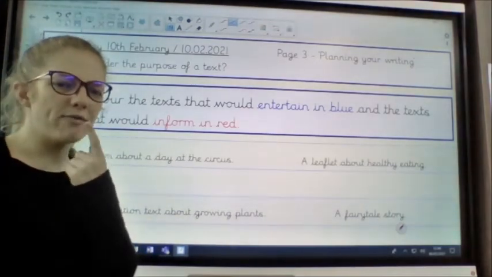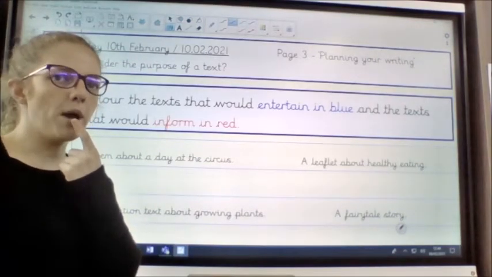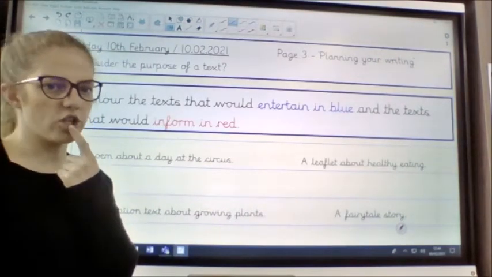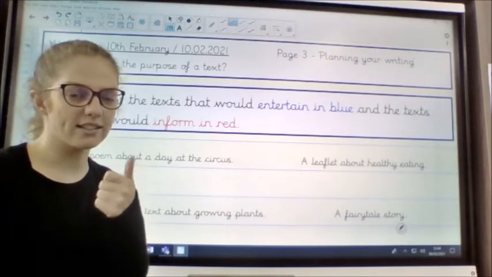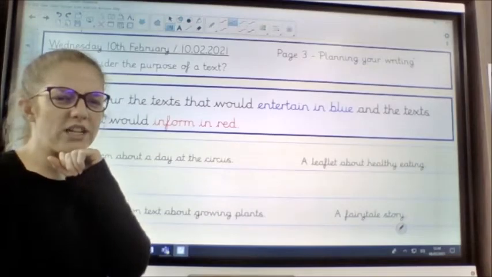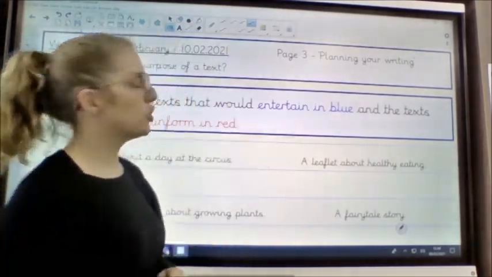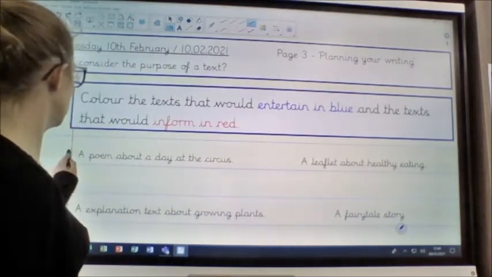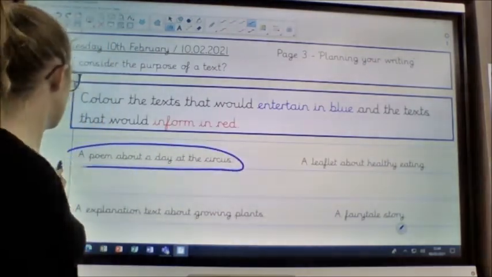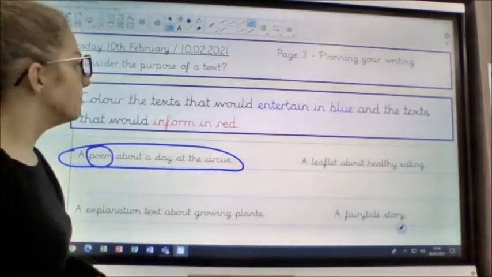Would that be to inform somebody or to entertain them? Now, is a poem a non-fiction piece of writing? Yes. Does it give me any new information that I don't already know, though? No. It's written to entertain because it's a poem. Okay?